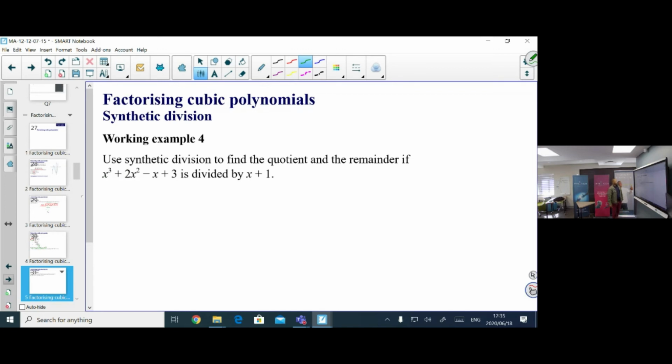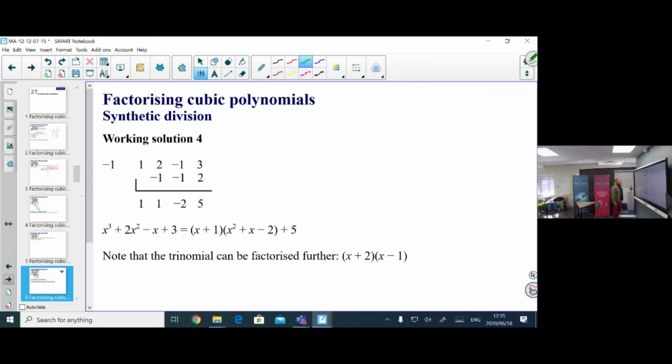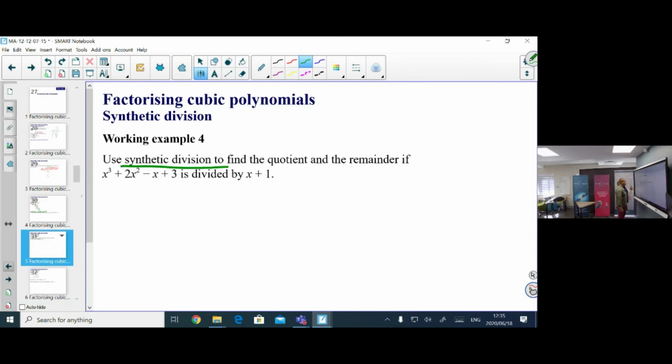This is a different question, but for now, let's start by looking at another method, which is called the synthetic division. So with the synthetic division, for us to find the quotient, we use a sort of shortcut method. So again, let's check what was the question.